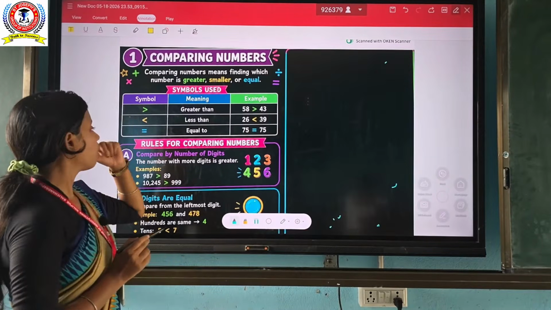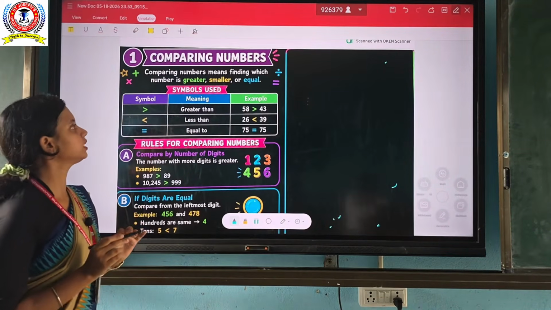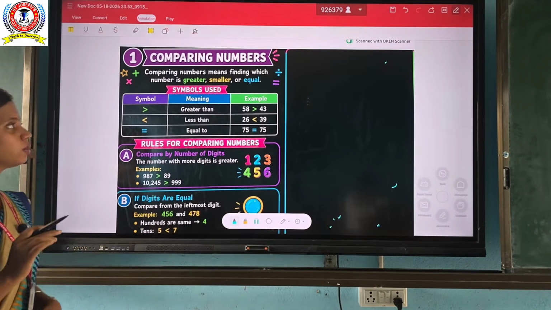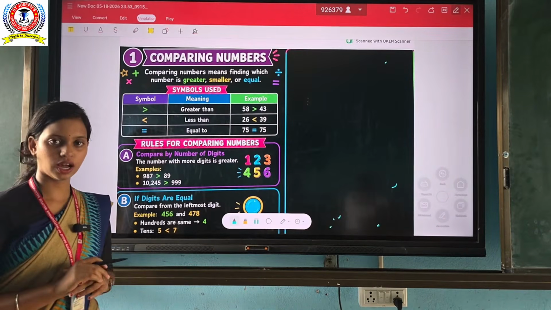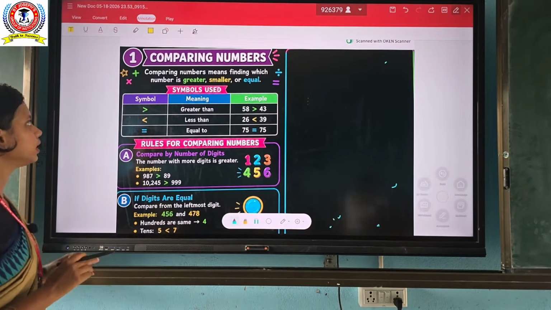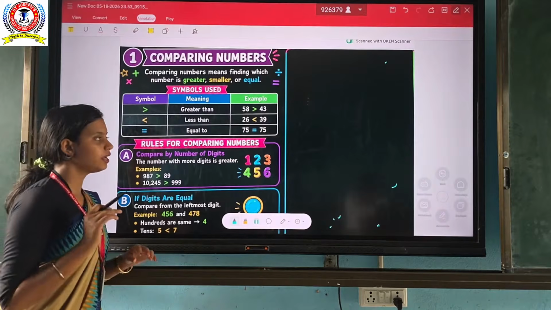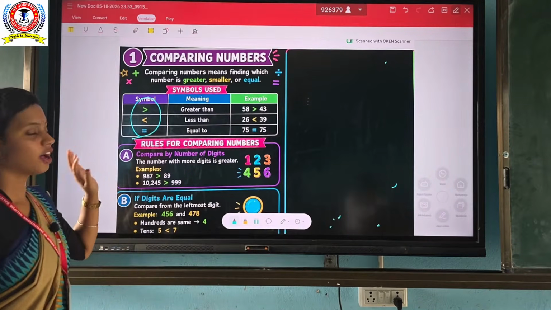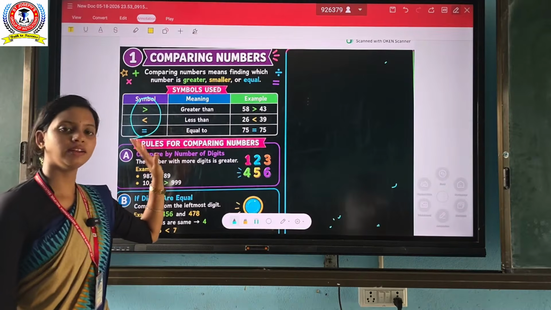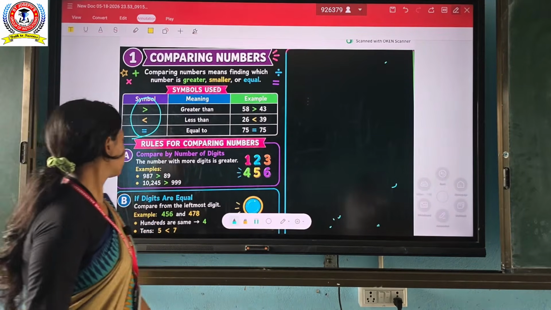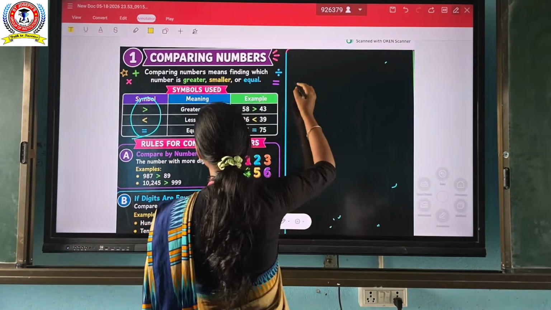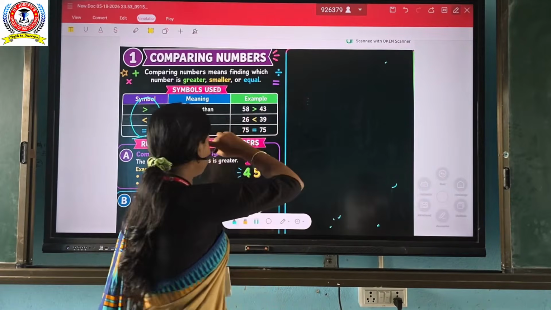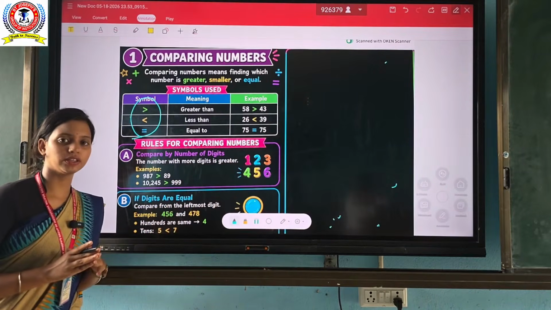Comparing numbers means finding which number is greater, which one is smaller and which ones are equal. In comparison, generally we use these three symbols: greater than, less than, and equal.